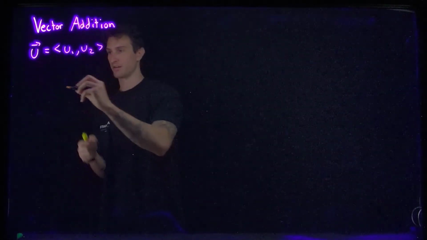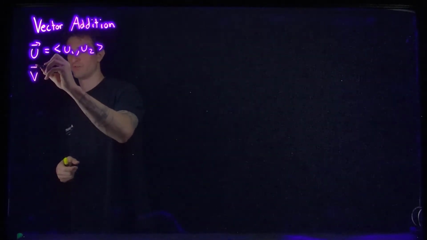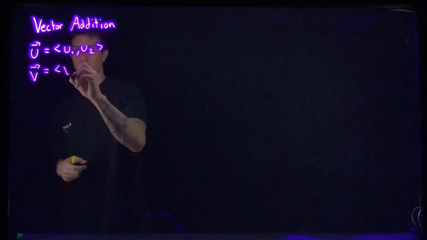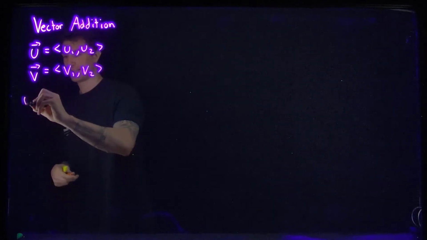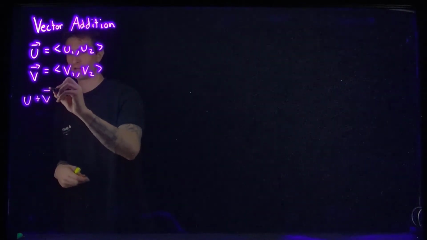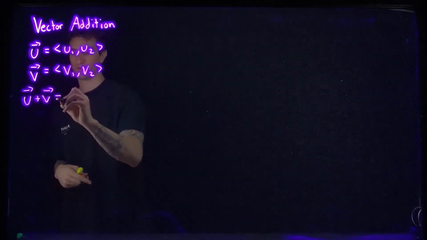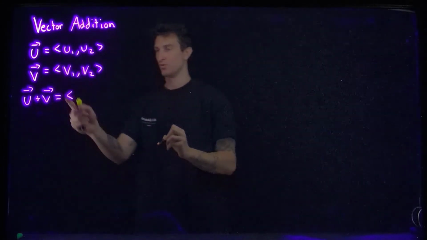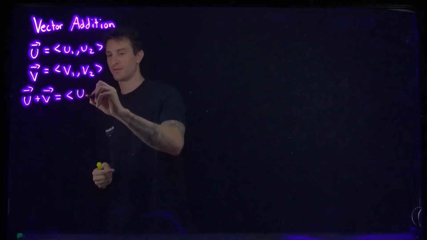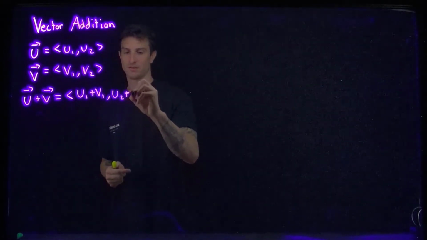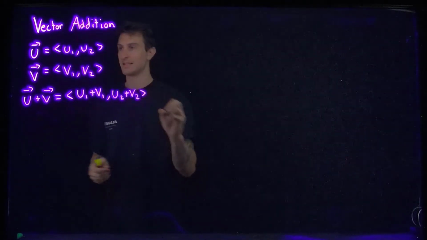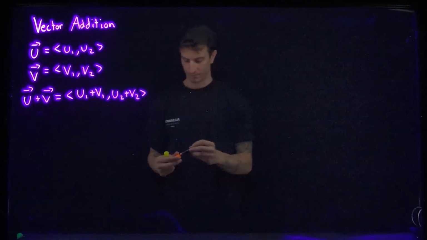And again, we have the carat to denote a vector, and we'll do the same thing here for v: v1, v2. We add them up just by components. So u1 plus v1, same components, and u2 plus v2. Easy enough. Exactly how you would think.